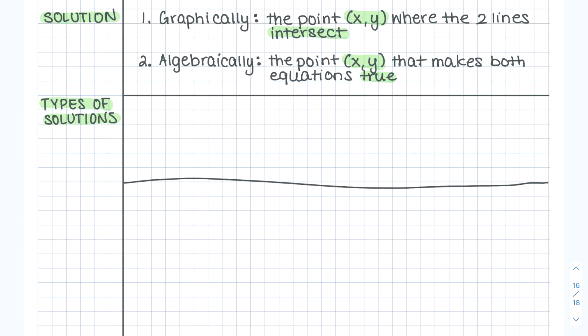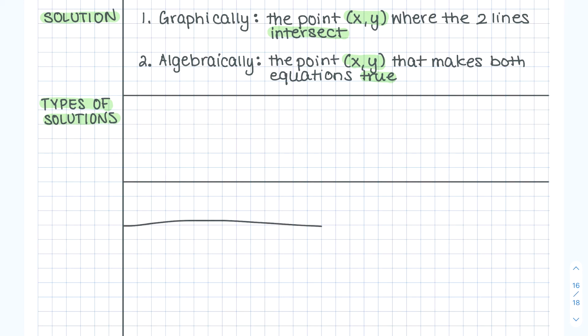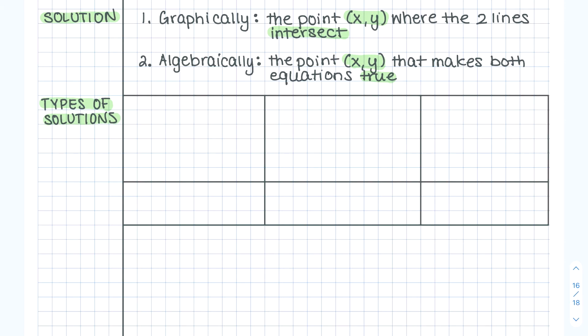Gonna give yourself some space. And then draw maybe a smaller line like this. Okay? And then we are going to break this up into three even sections, maybe something like that. That's about as even as I can get.